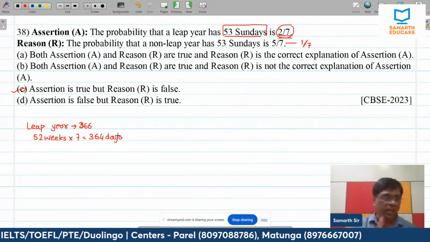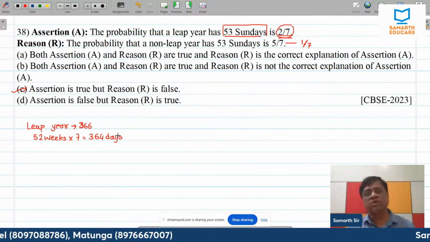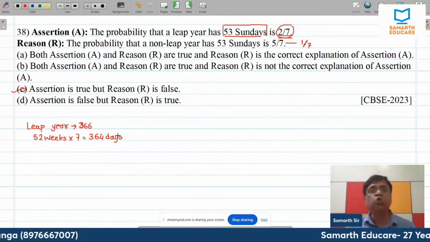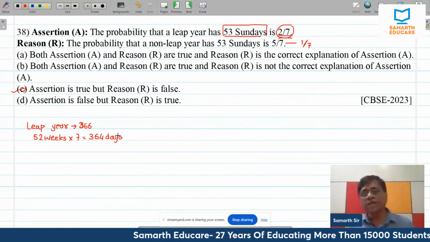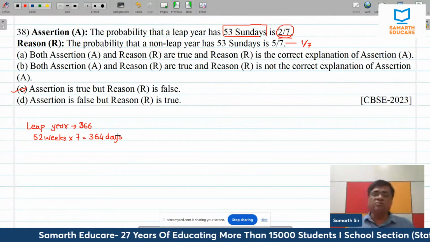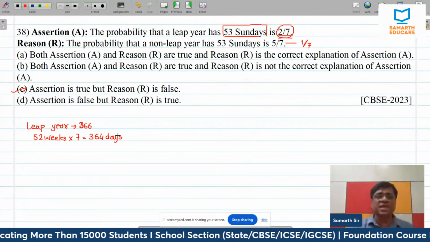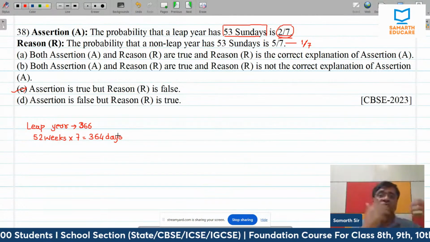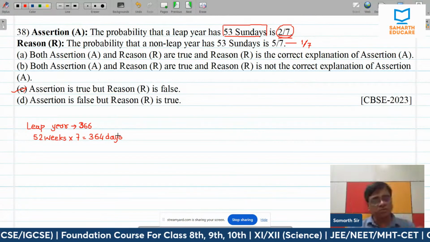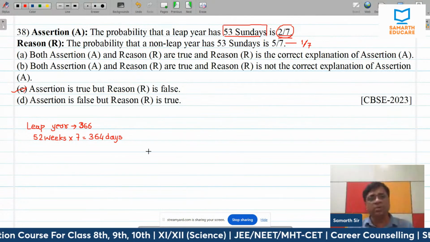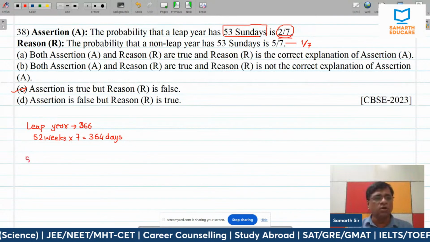Like this 52 weeks have gone away, so in any year there will be 52 Sundays, a sure event whose probability is 1. So when they ask to find the probability of having 53 Sundays in a leap year, they are asking for the 53rd Sunday, because 52 are certain. When I complete 364 days, I am on 29th December, so 30th and 31st December will be my actual sample space.